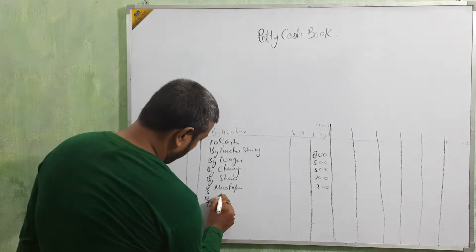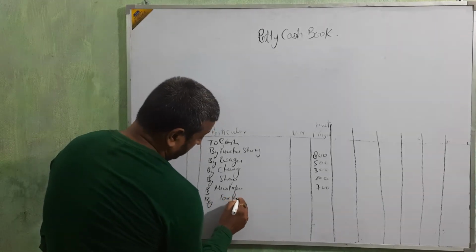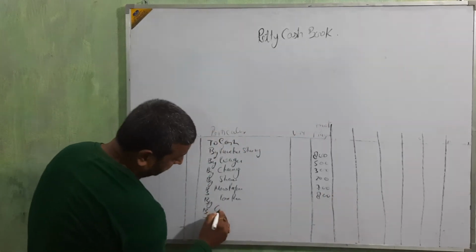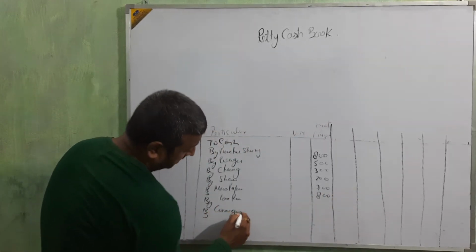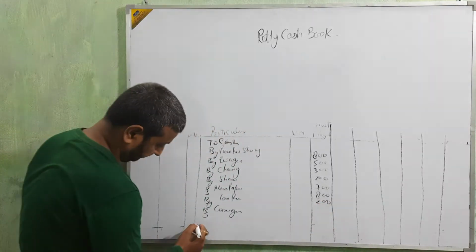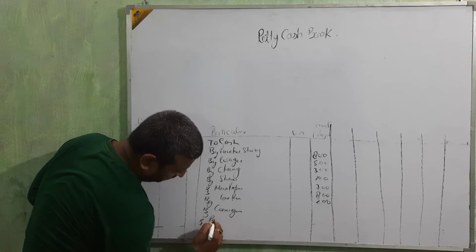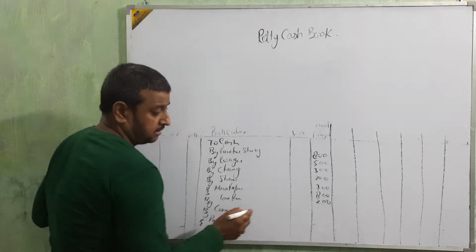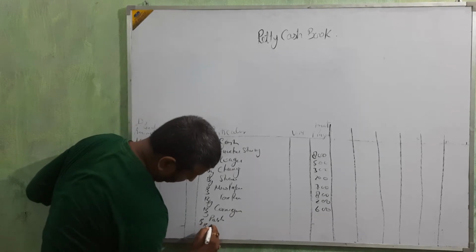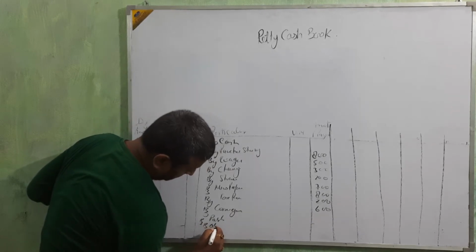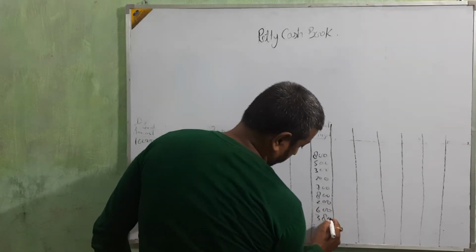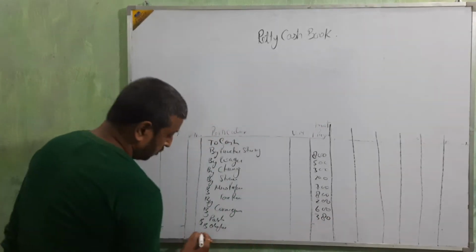Paid taxi fare 800. Carriage 200. Then next. Paid postal expenditure, by postage 600. Okay, beta. Next. Paid auto fare 380. Paid for courier service 70.